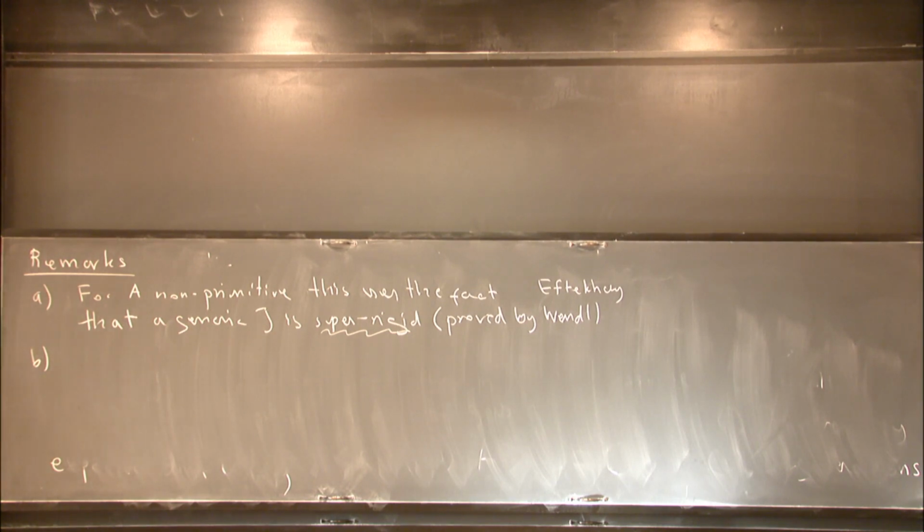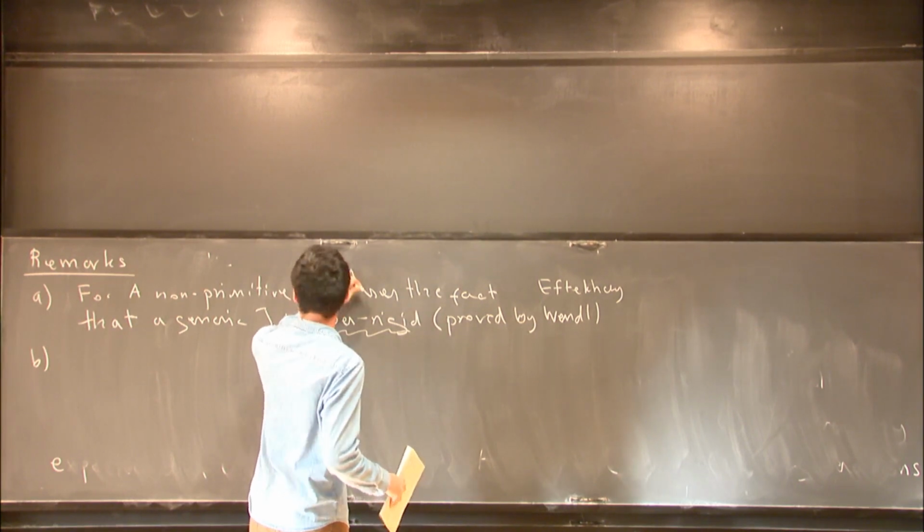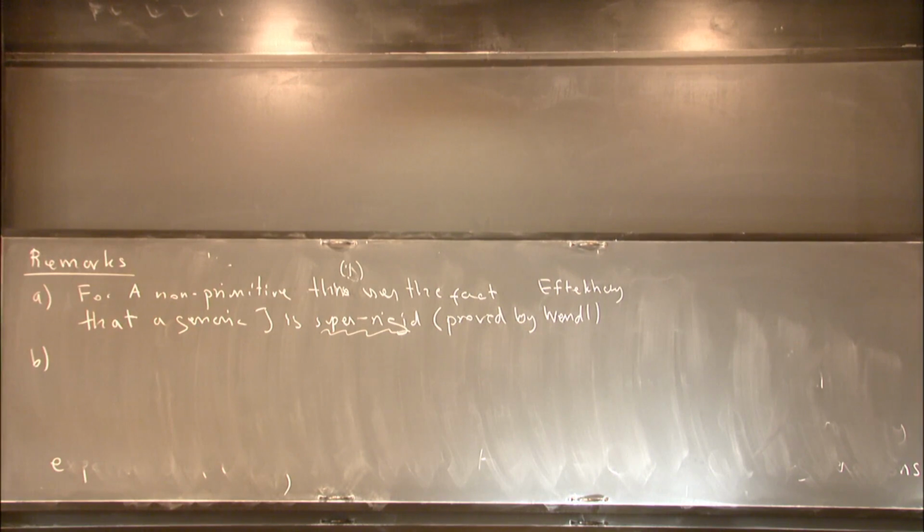In dimension 4 you can say something, but it's a separate story. And when you say this, you mean Theorem A? Yes. For primitive classes, you just need normal rigidity.